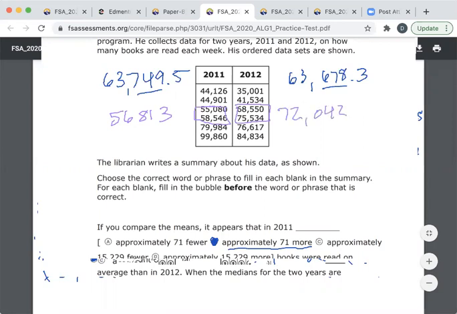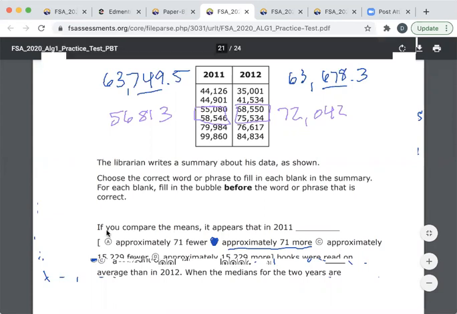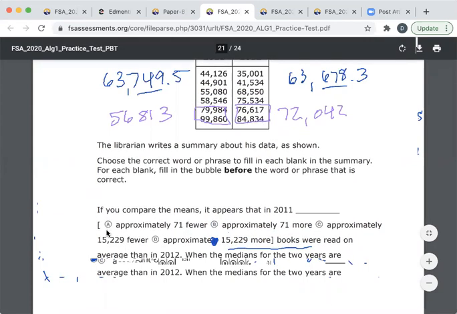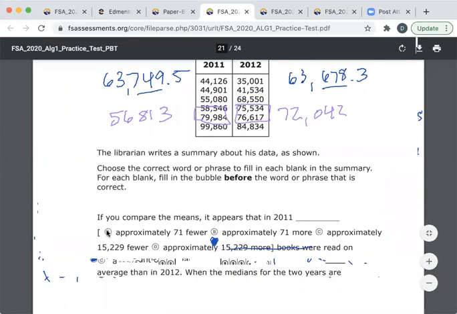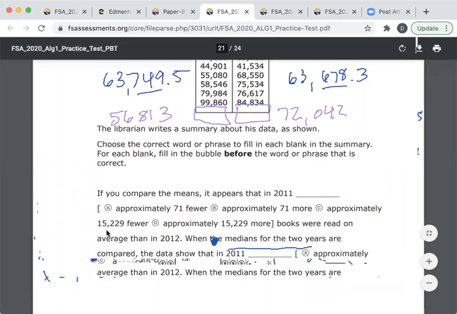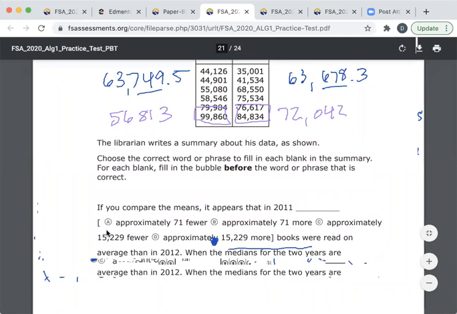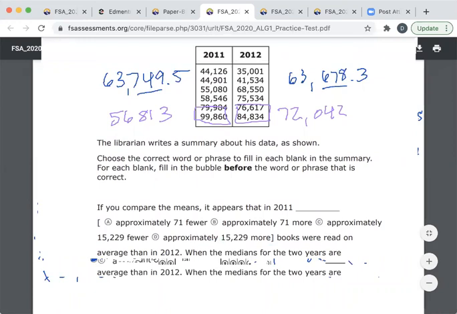So the median of 2012 is greater than the median for 2011. And it's not 71, but approximately 15,000 fewer.